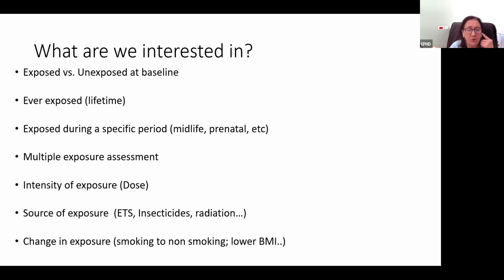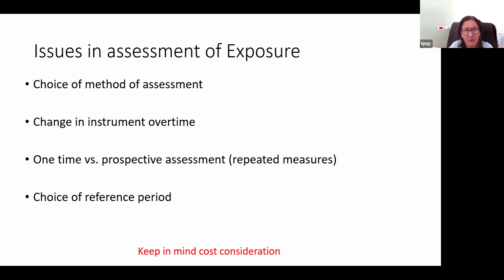So all this should be thought about, because this is how you will assess your exposure and convert the concept or measure that you are interested in into an indicator and a specific measure that you want to collect data on. And when you think about exposure, you always have to think about what assessment method you are going to use, what's the best valid one, what others have used.